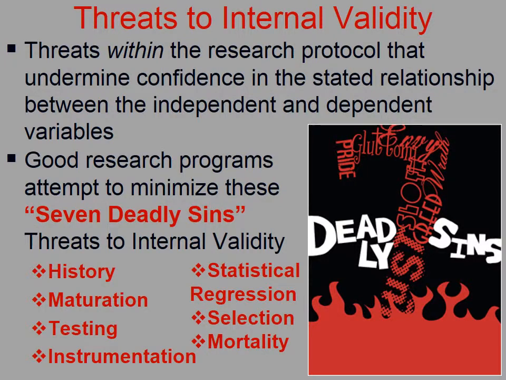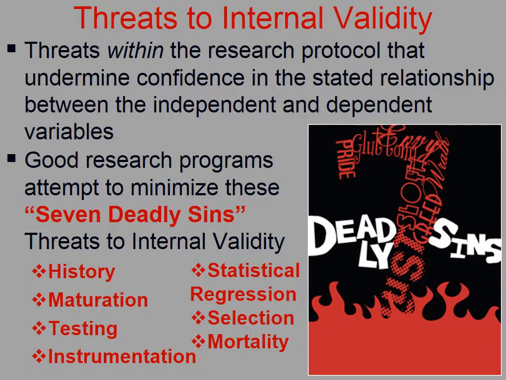So these are the 7 major threats within a research protocol, or a methodology, that might undermine the confidence in the scientist's stated relationship between the independent and dependent variables. So what these major threats to internal validity do is to make the causation inferences weaker and more ambiguous.